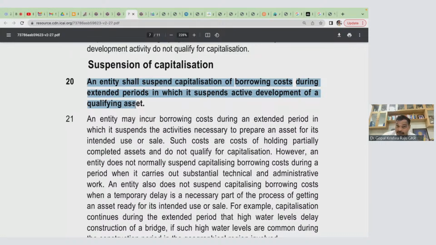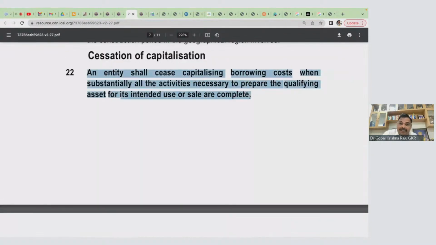So even though interest will be accrued and paid, that portion of the interest for the suspension period will be charged off to revenue. It will not be capitalized. So very interesting part is this. And again, you will cease capitalization when it is ready for its intended use or sale. Ready for use is a very important term. These are the places where chartered accountants or accounting professionals don't have a role. It's only the technical people.